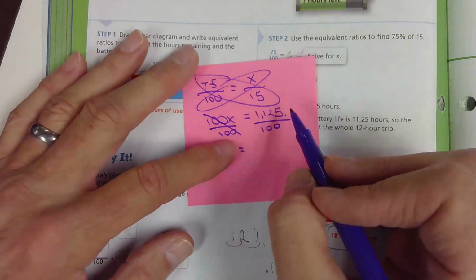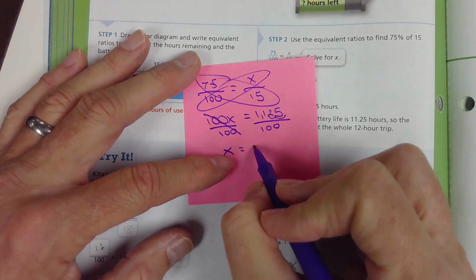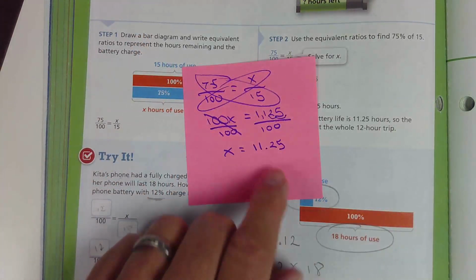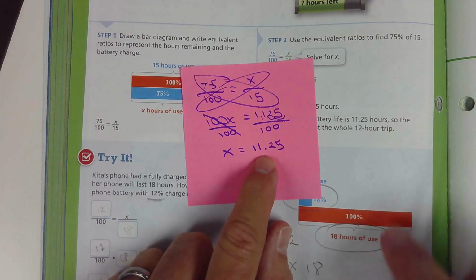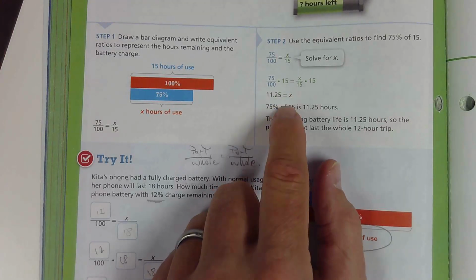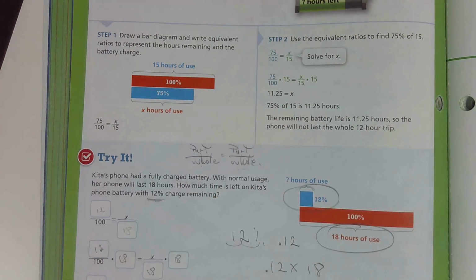How many zeros are in 100? 2. I'm going to move the decimal over 2 places, so it's going to be 11.25. So in this case, the answer to this problem is 11.25, and if you walk through it, you'll see that that's exactly what they did here. I just set it up a little bit differently, okay?